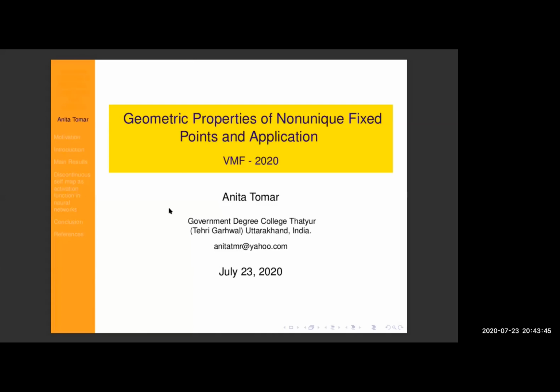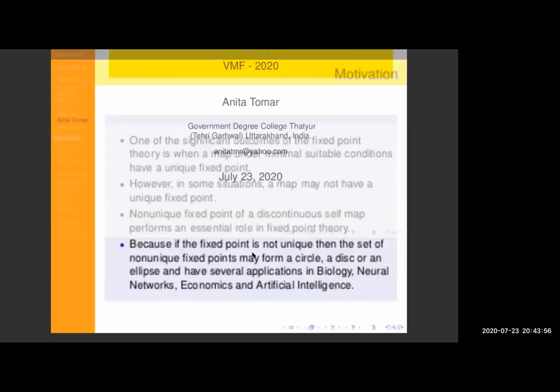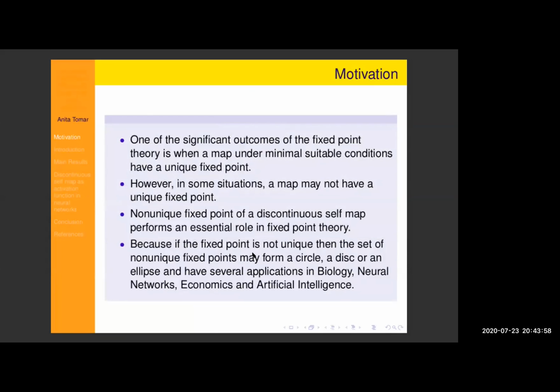So today I'm going to talk on geometric properties of non-unique fixed points and applications. One of the significant outcomes of fixed point theory is when a map, under minimal suitable conditions, has a fixed point.